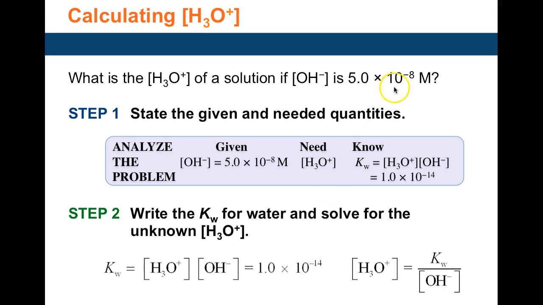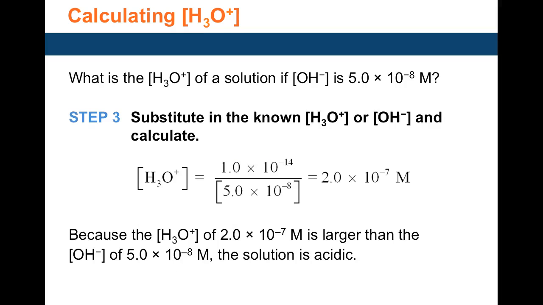Divide this by 5 times 10 power negative 8, and that will be the H3O plus, and that comes out to be 2 times 10 power negative 7. So this is larger than the neutral, so the solution is acidic. All right, we'll stop here.